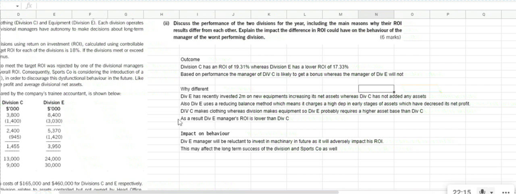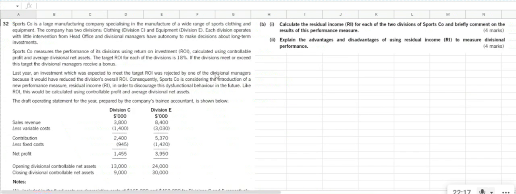Now let's look at the third requirement. Calculate the residual income for each of the two divisions and briefly comment on the results of this performance. So let's simply calculate the RIs, residual incomes. For residual income, what do we do?